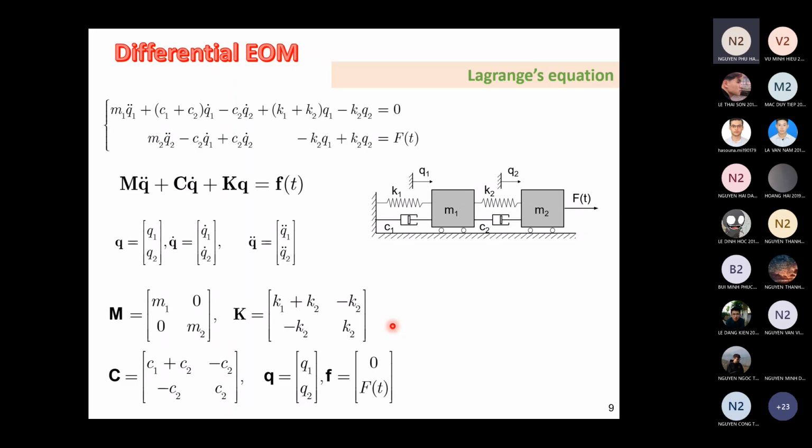You need to transfer to matrix because you will calculate the eigenmode and also the eigenfrequency of this system based on matrix calculation. Understand? Because you need to use matrix calculation for the next calculations for the vibration. If you don't use the matrix equation, it's very difficult, because you can see that the first equation and the second equation depend on each other, not isolated.